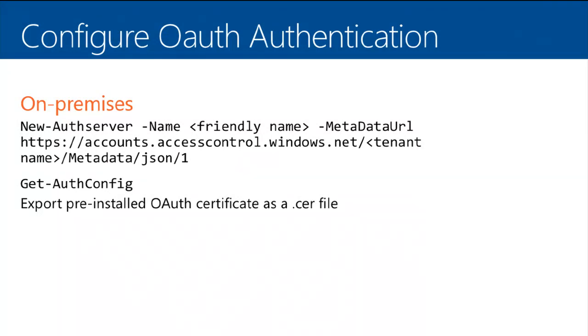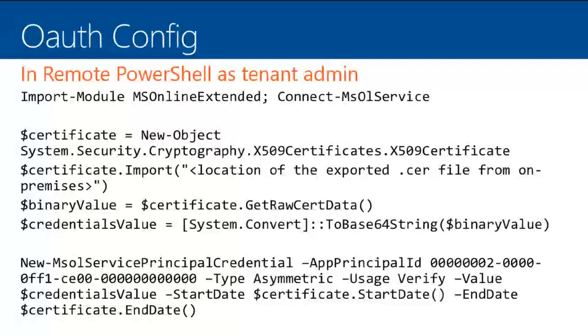We take the certificate from your on-premises deployment and we export it to the cloud. So the command to do that is on the next screen. And this is not documented yet, so you'll have it on your slides. So you start remote PowerShell as a tenant admin, connect to your O365 account, and once you've done that, take the certificate that you exported from your on-premises and import it into your Exchange Online.